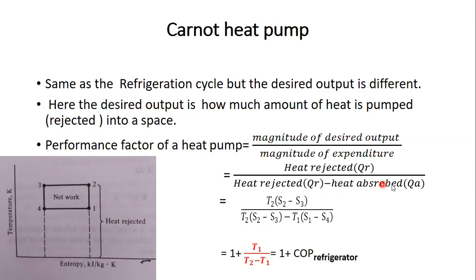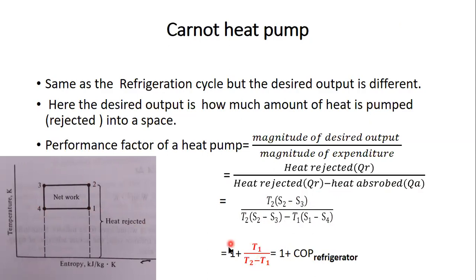Again, what is the heat absorbed? Heat absorption is happening during 4 to 1. So again, temperature times the entropy change: T1 times (S1 minus S4). It is the heat absorbed. So by cancelling out the common terms, S2 and S1 are the same, S3 and S4 are the same.